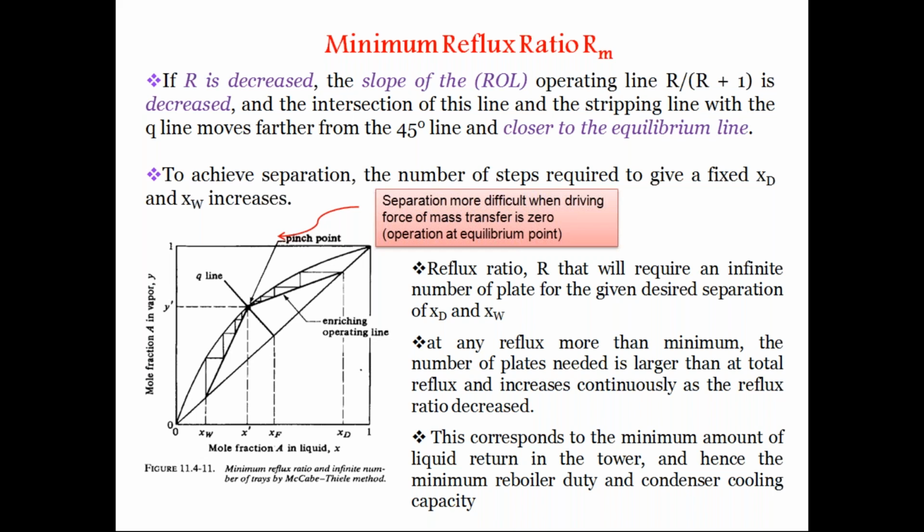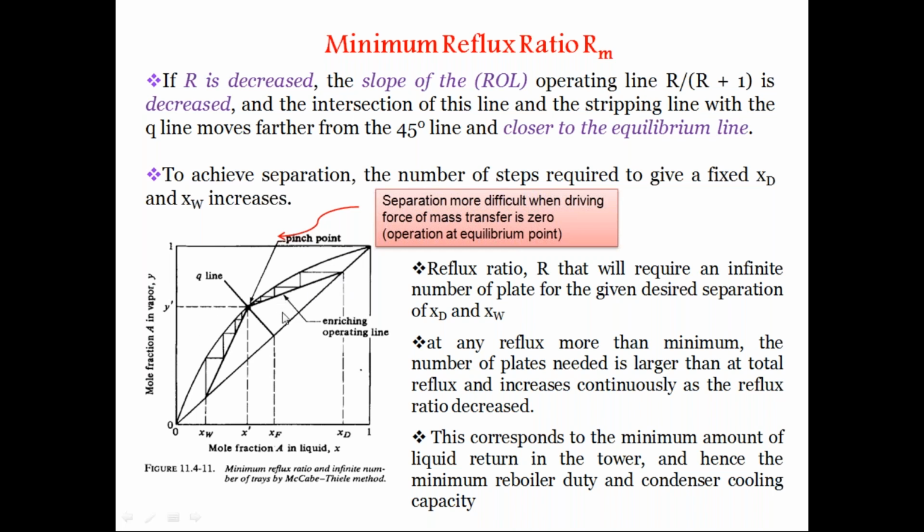It will go on decreasing, and then finally it will intersect the equilibrium line. On the Q line, you can just draw towards the equilibrium line, then it will intersect at a particular point. That point is called the pinch point. So this is how you will get the pinch point.